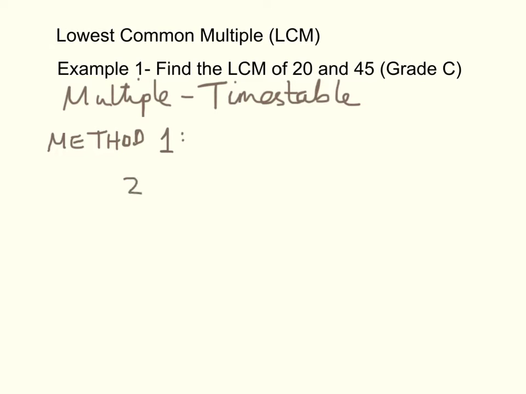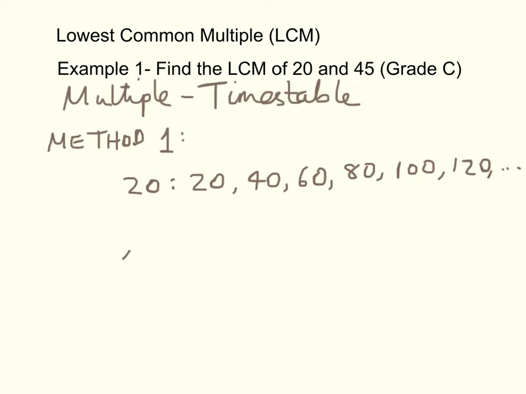We write down all the multiples of 20, so the 20 times table: 20, 40, 60, 80, 100, 120, and so on. The dots mean it carries on. And we also write down the multiples of 45, the times table of 45.